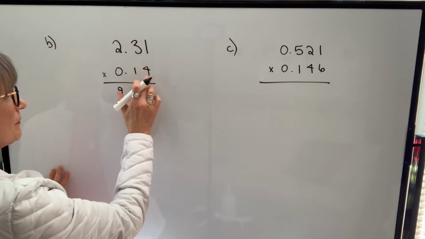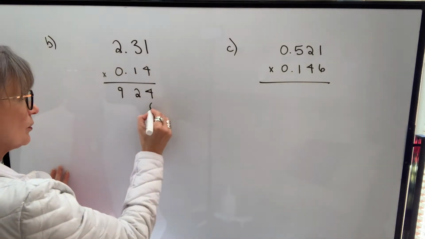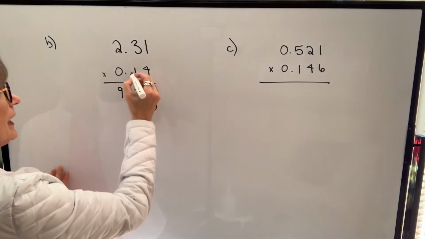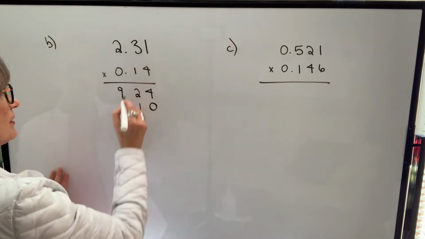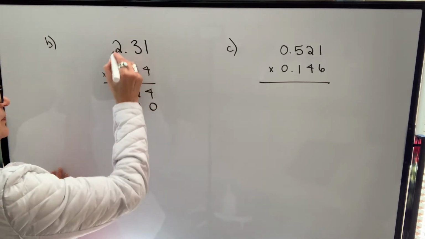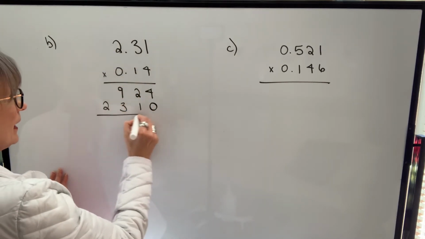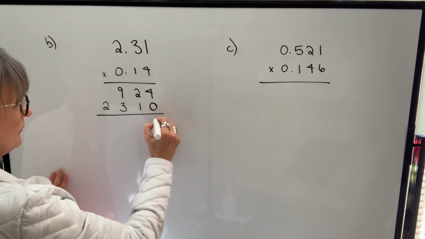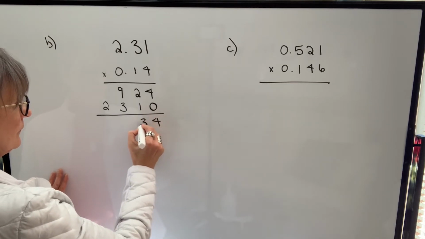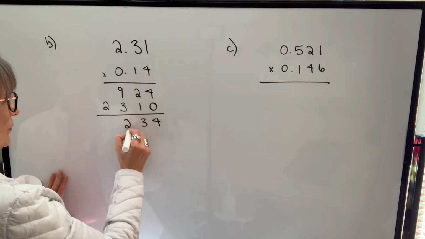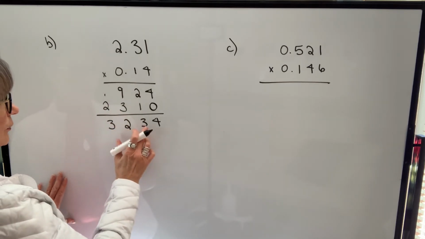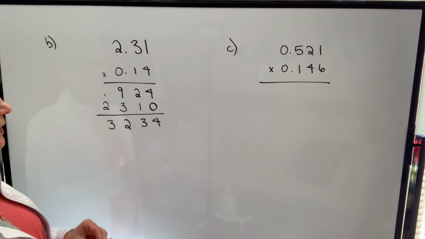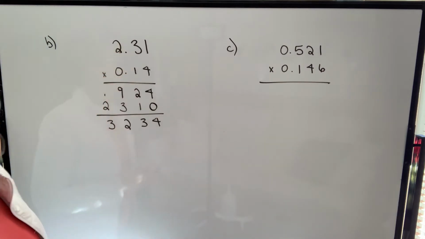Then when I move to my next digit, I put a 0 in as a placeholder here, and then 1 times 1 is 1, 1 times 3, 1 times 2. I add these two numbers up. 9 plus 3 is 12, carry the 1. So I have 3,234, which is the answer I would have if there were no decimal places in there.